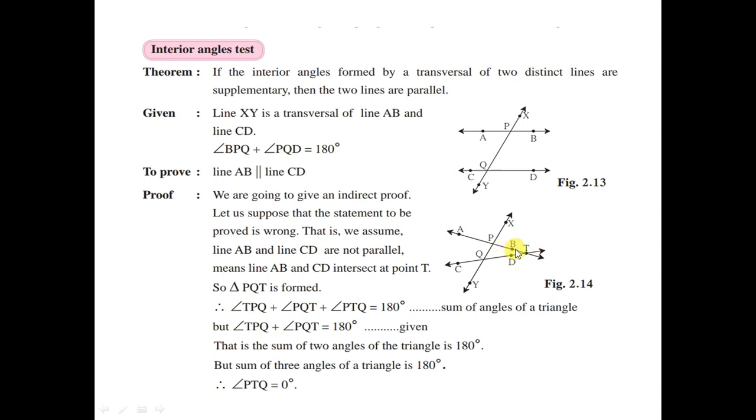Now angle TPQ plus angle PQT plus angle PTQ equals 180 degrees. That is, the sum of all the angles in a triangle is 180 degrees, the theorem we have proved before. But angle TPQ plus angle PQT equals 180 degrees, that is given. That means the sum of two angles of a triangle is 180 degrees.